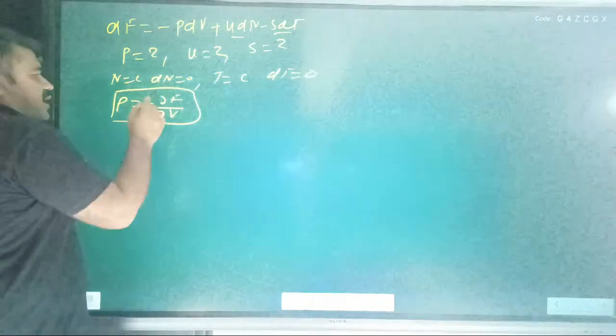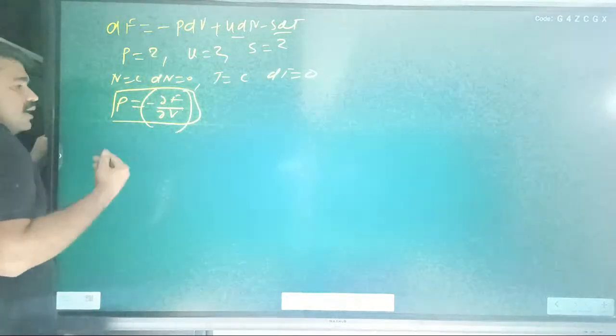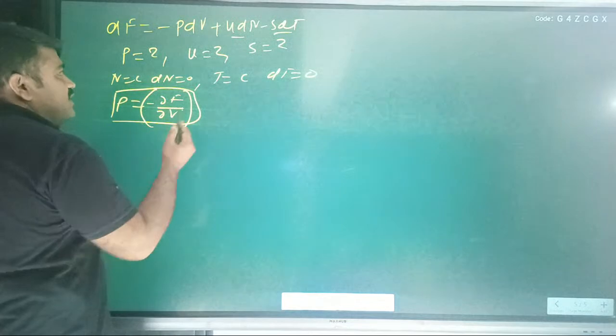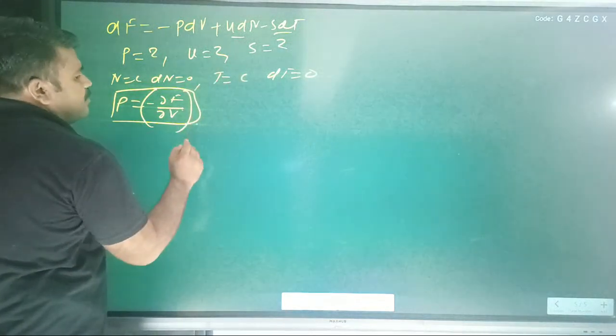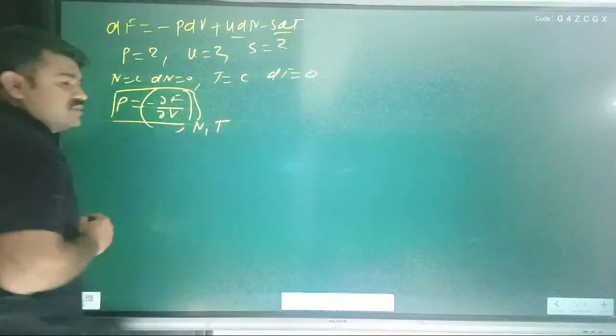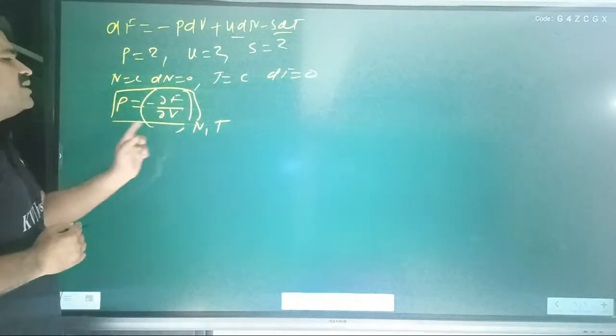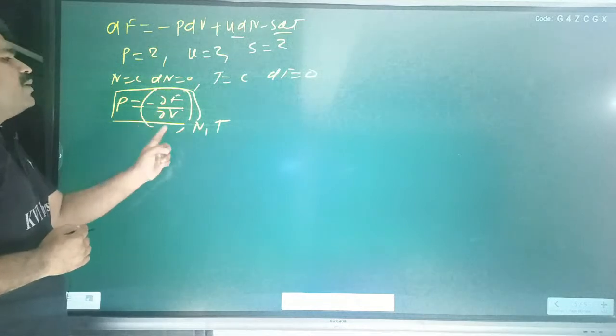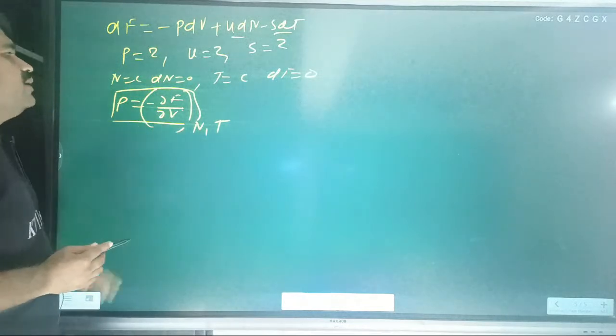But this is possible under which conditions? At constant number of particles N as well as constant temperature. Means the pressure is equal to minus dF upon dV at constant N and T.